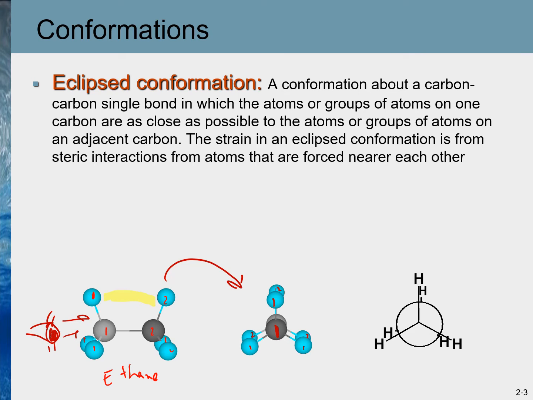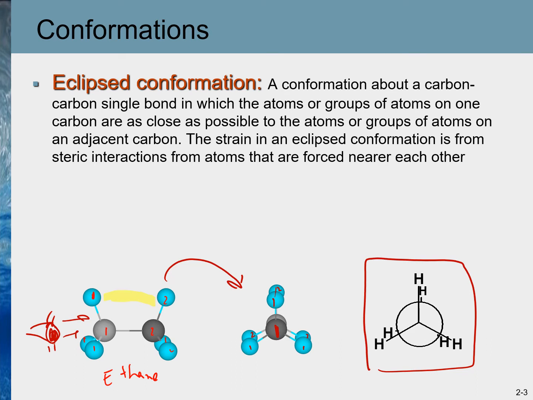So the distance is the smallest, and this represents the Newman projection of the eclipsed conformation.